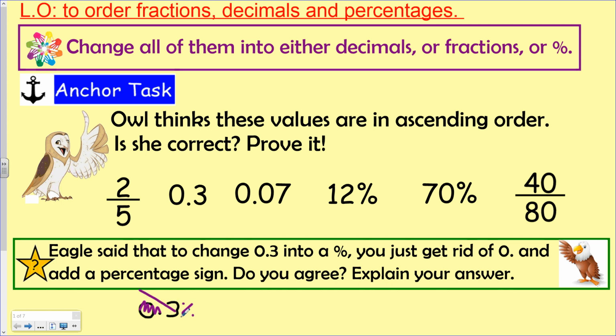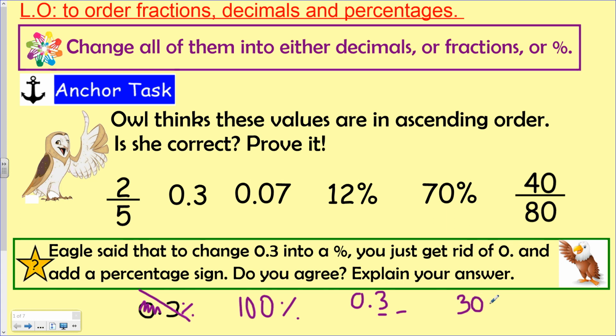I'm hoping you're all screaming there, okay? That is not correct, is it? Because we know that percent means out of 100. Therefore, to change 0.3 into a percent, we need to have two decimal places. Therefore, to change that, it's going to be 30%.